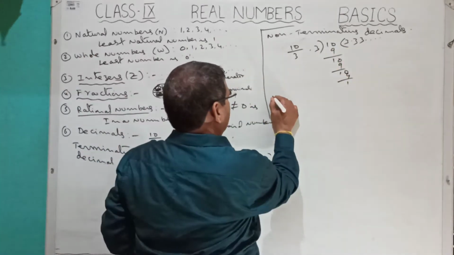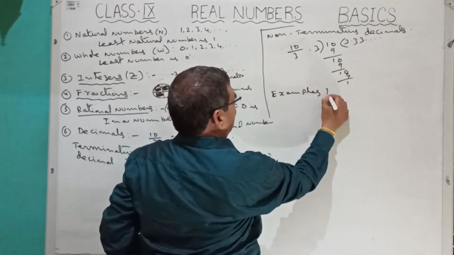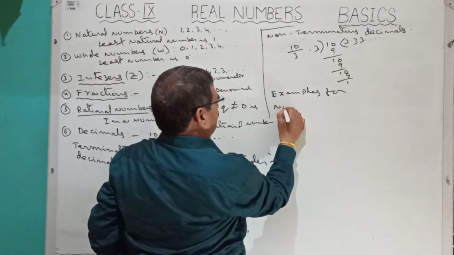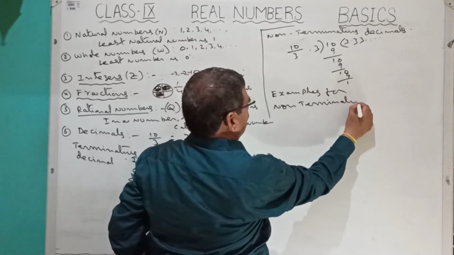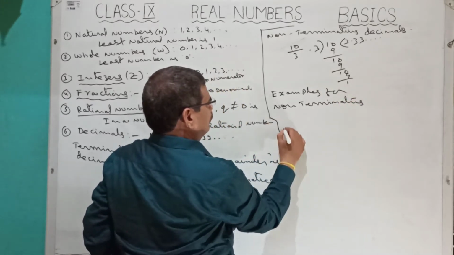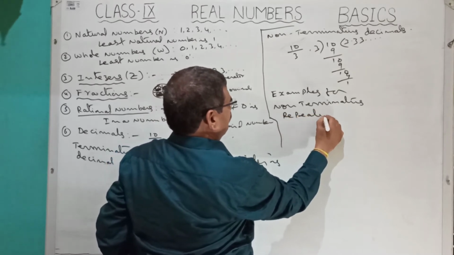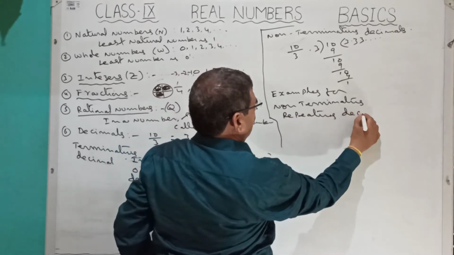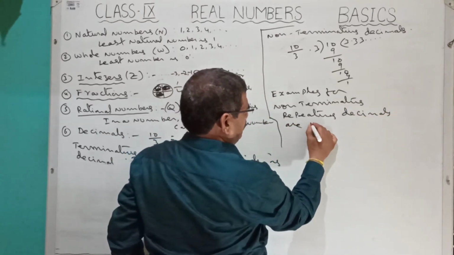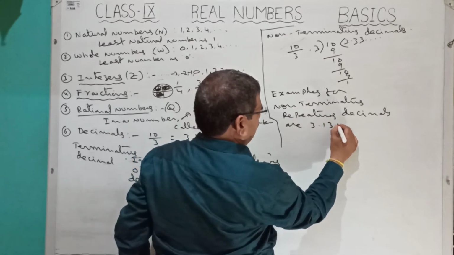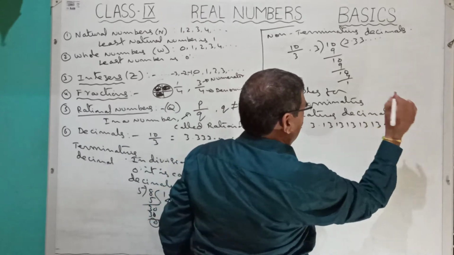So examples for non-terminating repeating decimals are 3.13, 13, 13, 13, and so on.